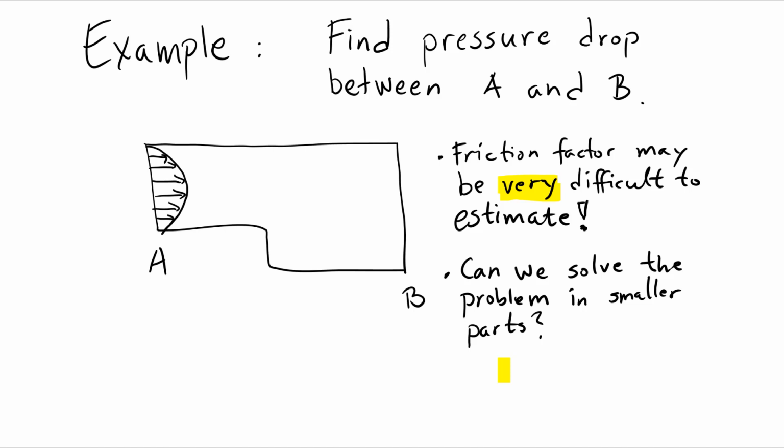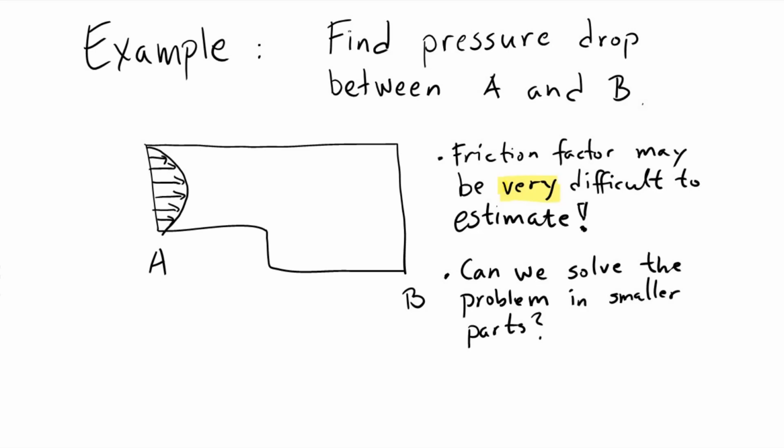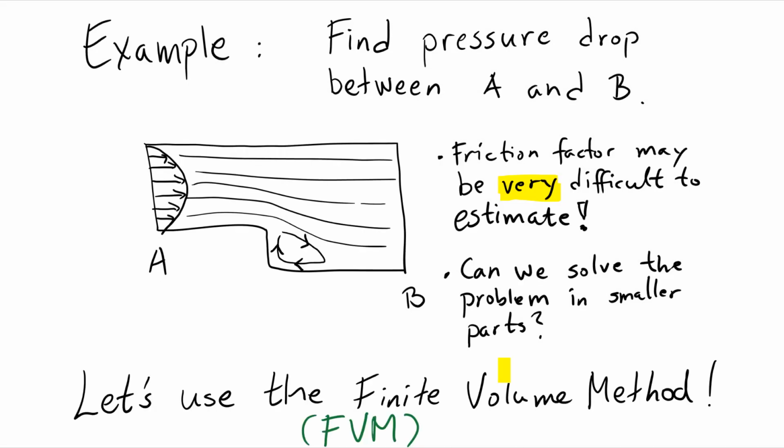And if we cannot estimate the friction factor, then what? Well, in that case, let's use the finite volume method. So you can imagine that in this backward facing step example, we will have not just smooth straight streamlines, but you can see just behind the step we have the likelihood of a recirculating region where the fluid flow is not going in a straight manner, but is circulating.